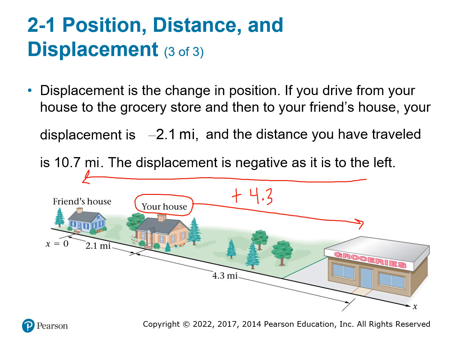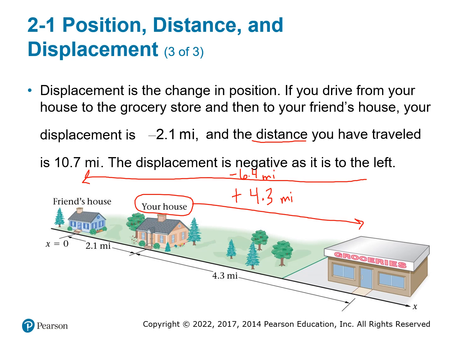So 4.3 plus 2.1 gives you 6.4 miles, but in the negative direction because you were going to the left. So your total distance traveled is 10.7 miles; you add the two together regardless of the signs and the direction.